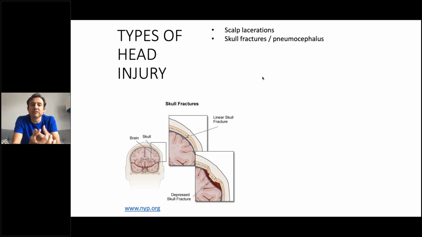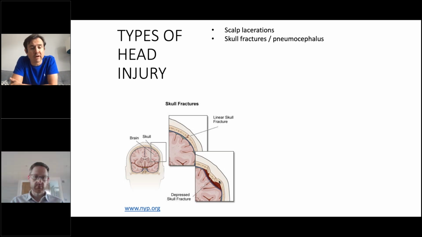The first thing to think about are scalp lacerations, skull fractures, and with skull fractures we talk about whether they are a linear skull fracture, so a straight line fracture, or a comminuted depressed skull fracture. The question then is, when do we elevate a skull fracture?